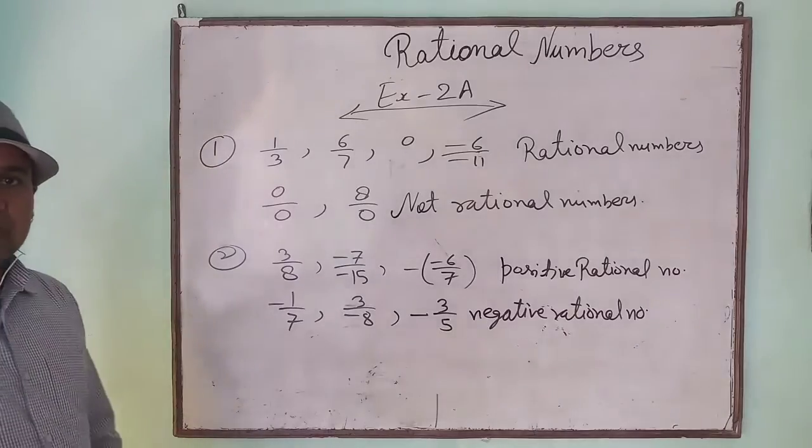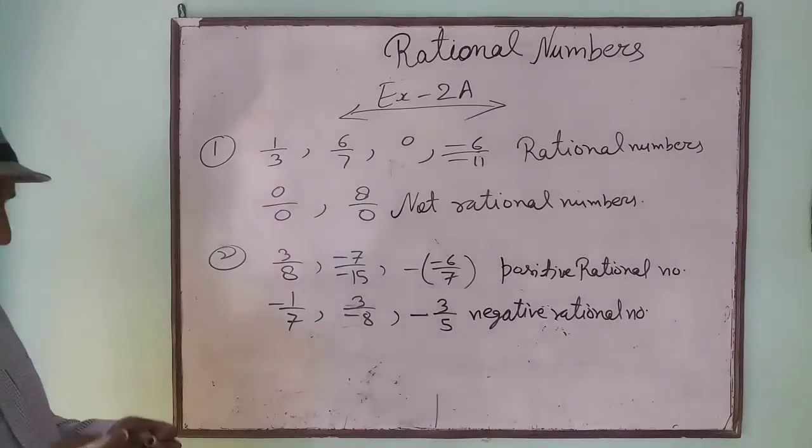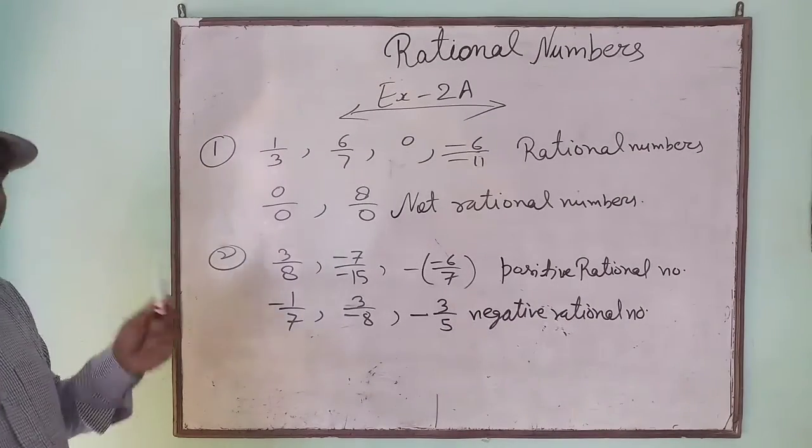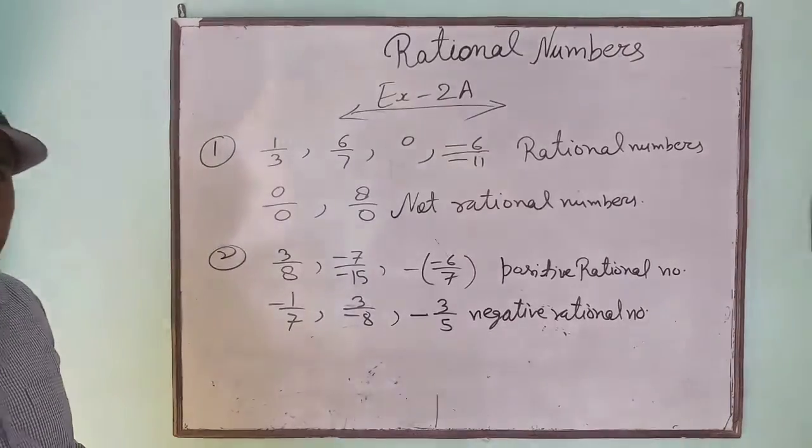Understood? Positive and negative rational numbers. Again, by making your video pause, you can note down these questions. Now see the third question.